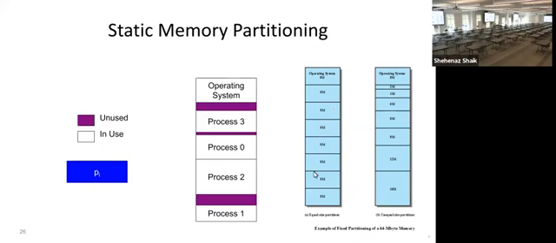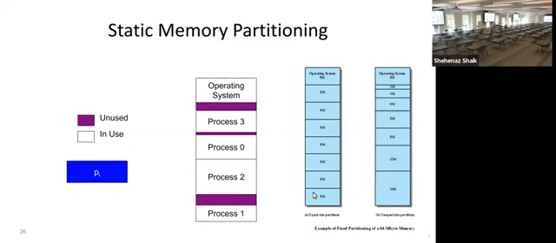So if we take the first approach, where we have equal size partitions, then we should be able to select any of the free partitions to allocate the memory space to a given process as long as it fits.